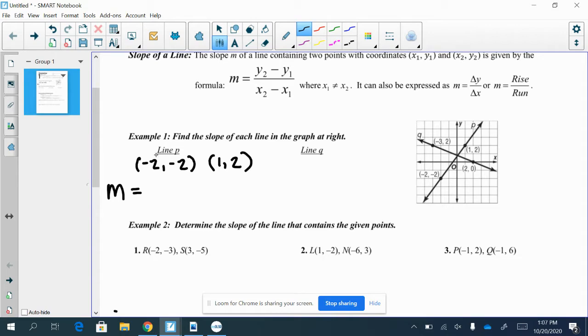I'm going to say that this is (x1, y1) and (x2, y2). So 2 minus -2 all over 1 minus -2. That double negative will say 2 plus 2 and 1 plus 2, so 4 over 3.